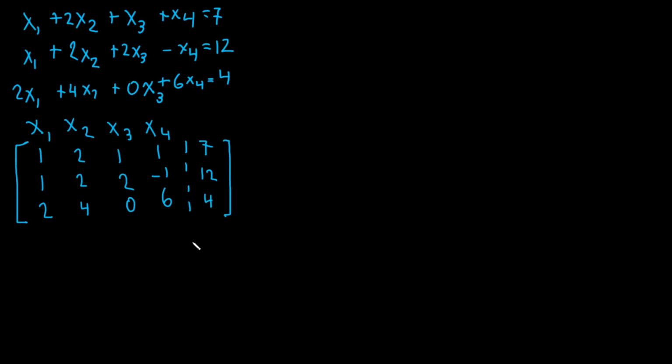So first, let's go ahead and circle the terms we want to make leading ones. So this 1 over here, this 2 over here, and this 0 over here. Now, in a coefficient matrix that isn't perfectly square, it's possible that we end up finding other terms to be leading ones instead of these. For example, we might have a leading one here, and we might have a leading one here as well.